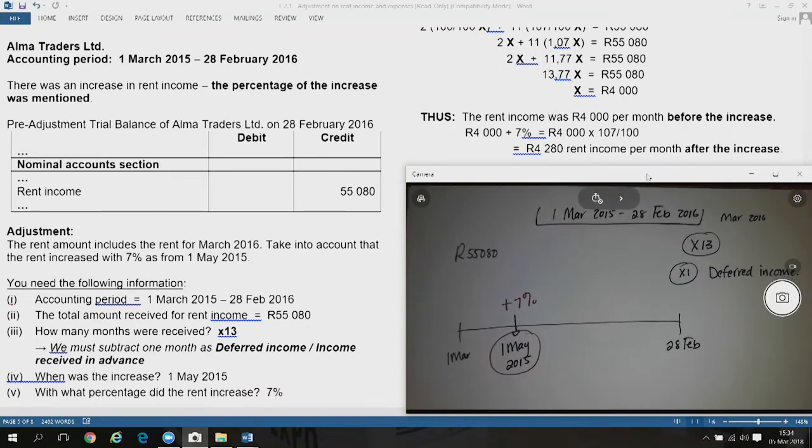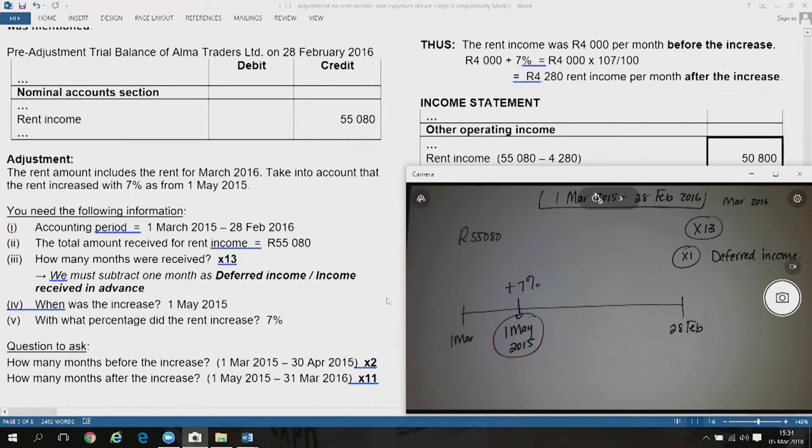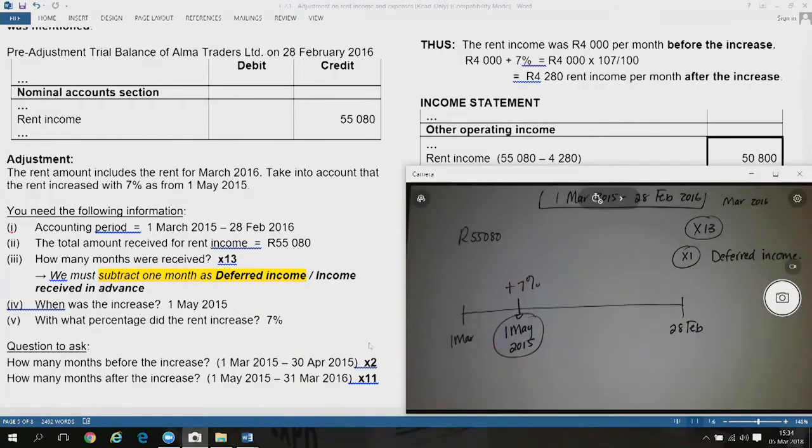So what you do is you just count the months before the increase. You can see there I say what is the accounting period, what is the total amount that we received. We received it for 13 months. We must subtract 1 month as deferred income, that we already know, and we know the date of the increase and we know the 7%.